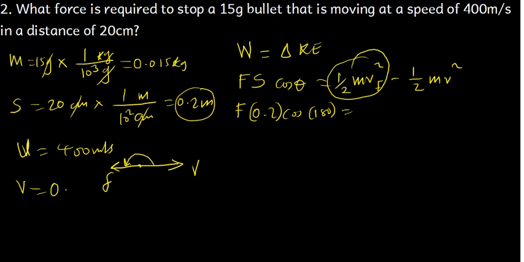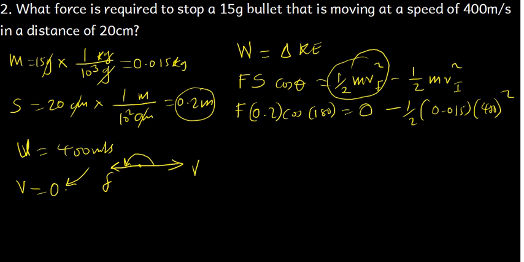When something stops, the final velocity is 0, as you can see here, and when 0 multiplies anything, it is still going to be 0, and then minus half. The mass, of course, is 0.015, and the initial velocity is 400 squared.